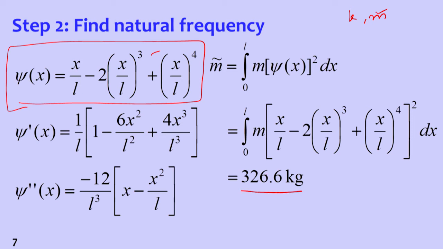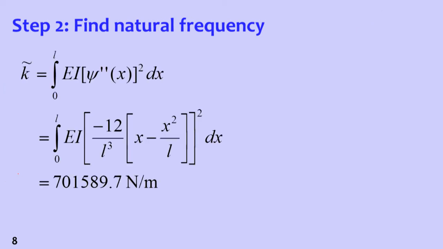And then we need to use the psi double prime term in the calculation of stiffness. EI is a known value, psi double prime we derived in the earlier slide. So what we get is K is equal to 701,589.7 Newton per meter as the generalized stiffness.